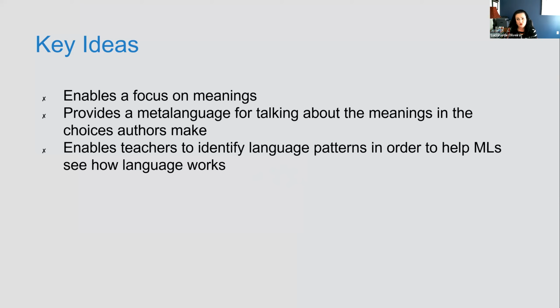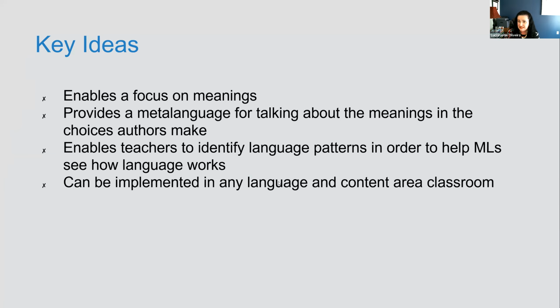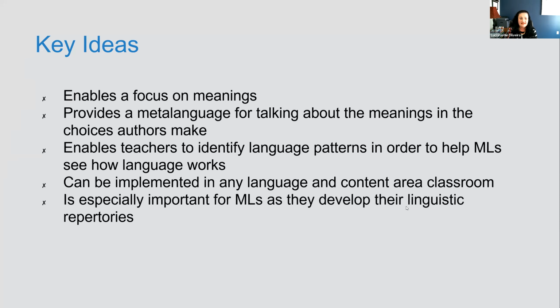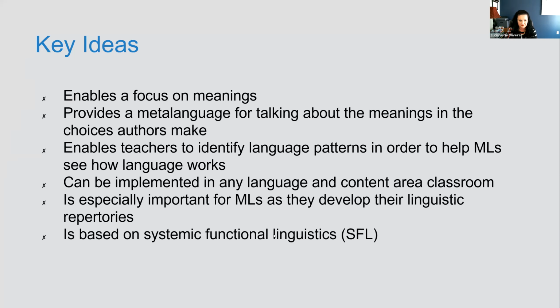And that's why it's really, really important to focus on whole texts and not individual words or even just sentences. It can be implemented in any language and content area classroom. It is especially important for multilingual learners as they develop their linguistic repertoires, and is based on a theory of language that is called systemic functional linguistics.